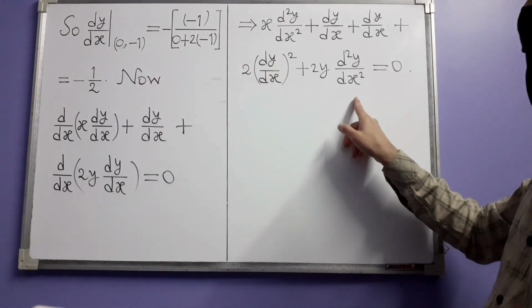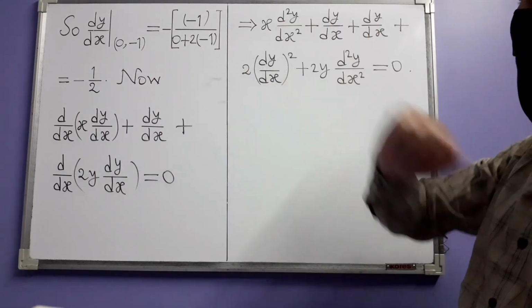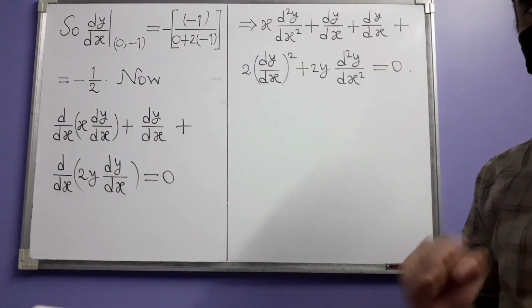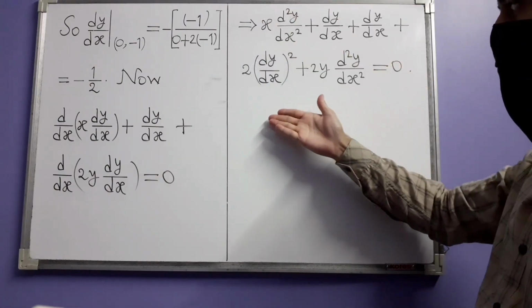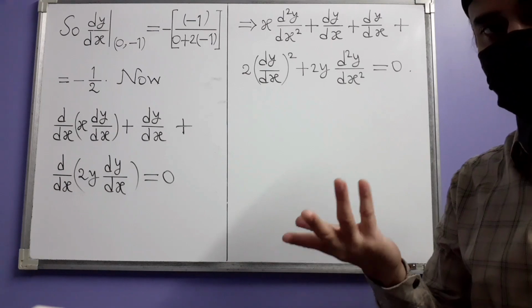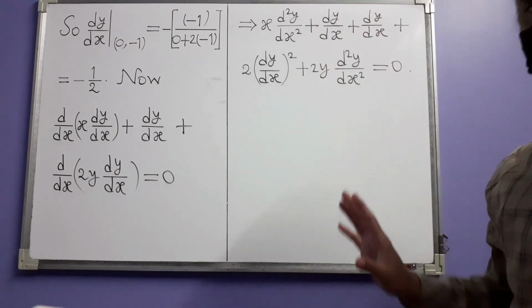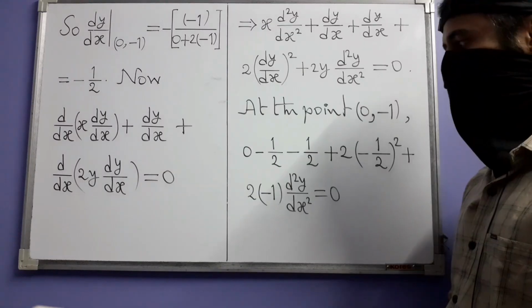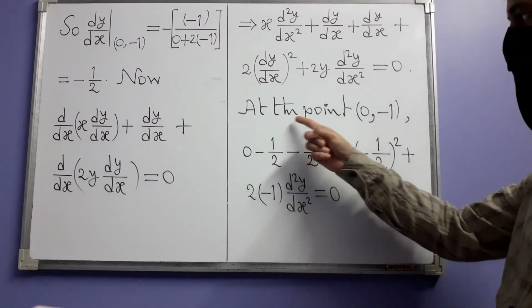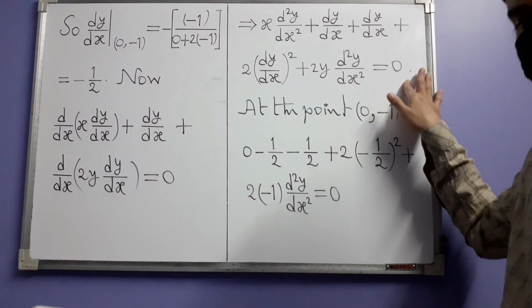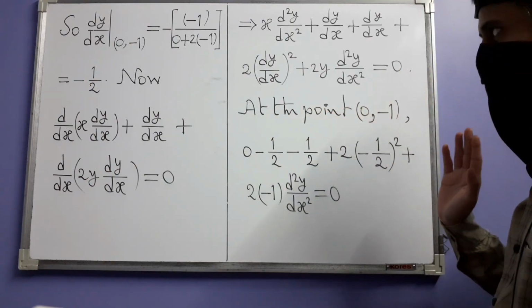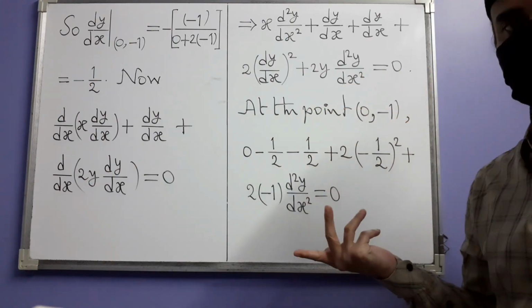So you already see that if you substitute x equal to 0 here, this term vanishes. So instead of wasting time trying to find an expression for the second derivative from this equation, we are going to put the values here itself. So we do just that. We stop the calculation here momentarily, and then we write at the point (0, -1), we have this.